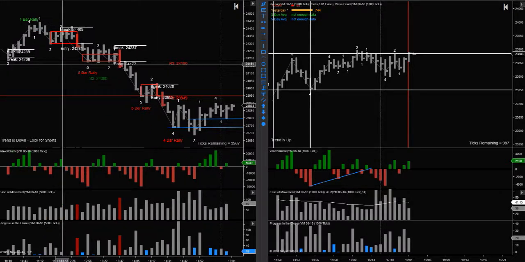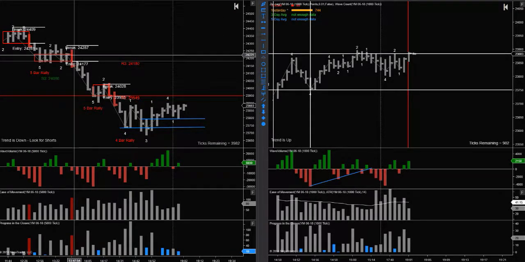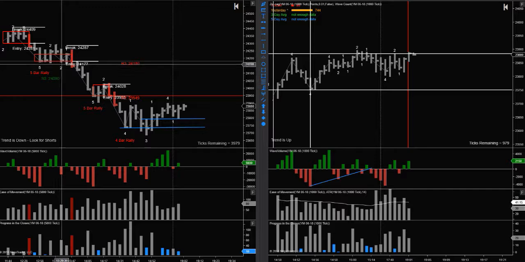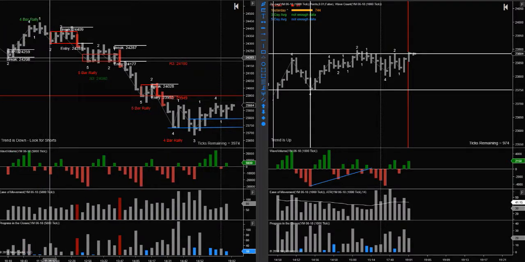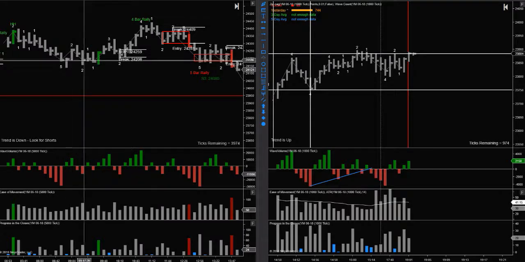This is why this is a much stronger level: it's not only sellers at this level, but all these guys are trapped. All these guys that were at the former support level right here all want to get the hell out. So they're all trapped here.